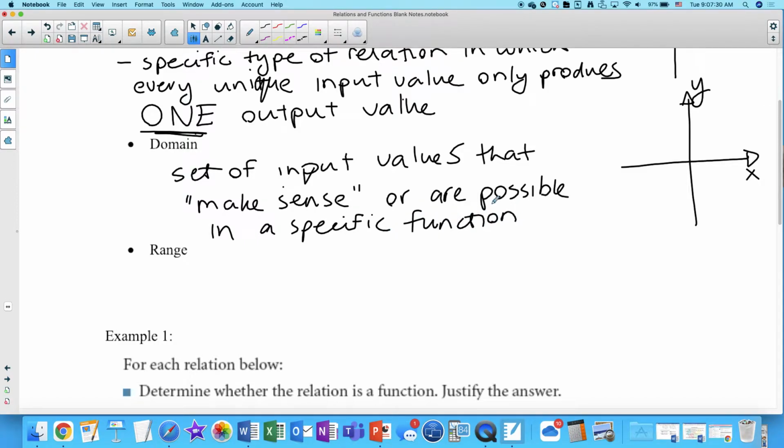The range is the set of output values that are possible in a specific function.